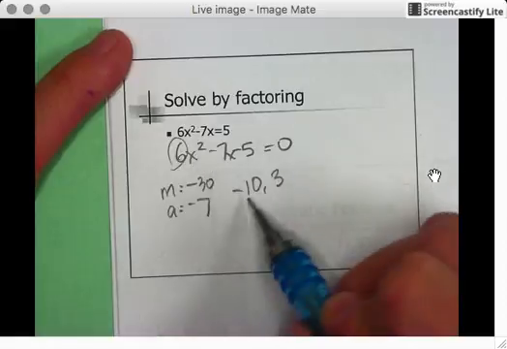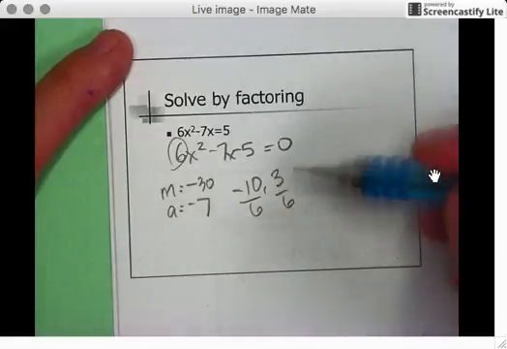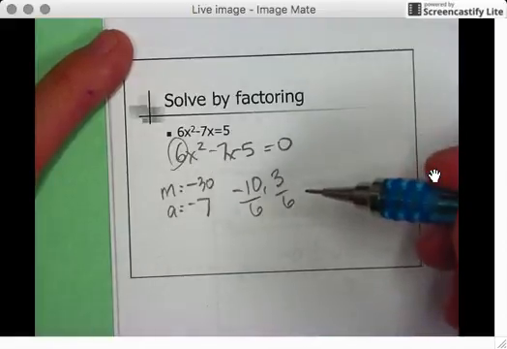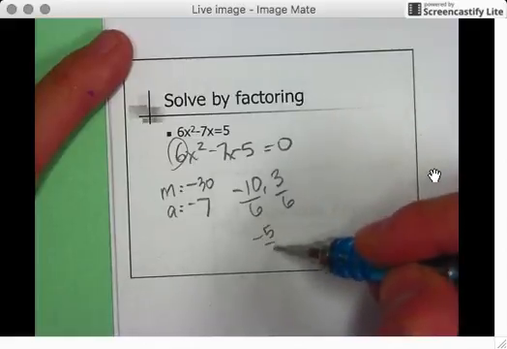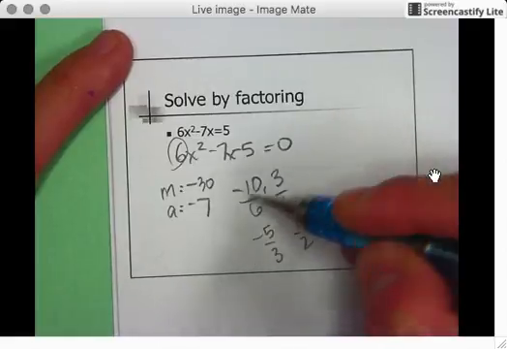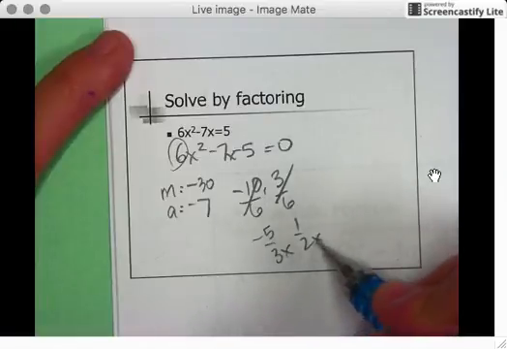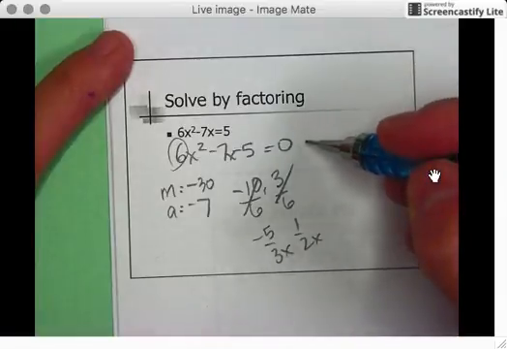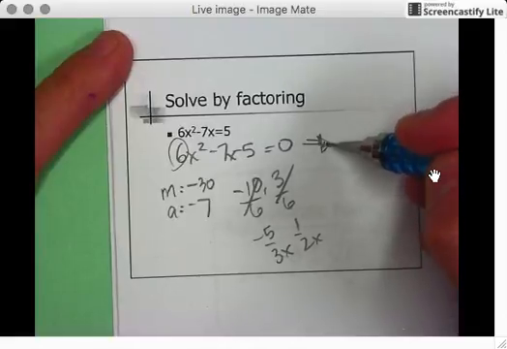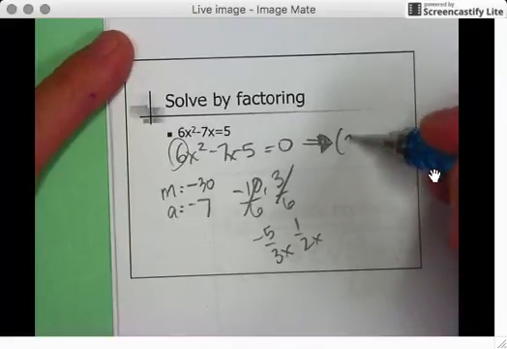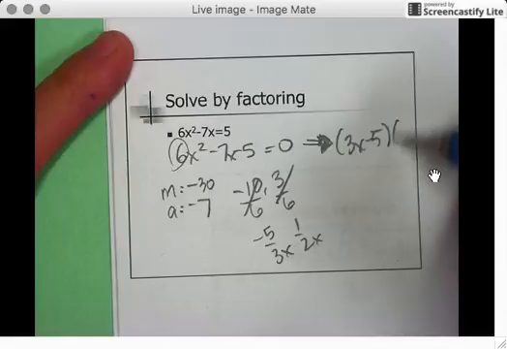Then I divide by that leading coefficient. And if those fractions reduce, I reduce them. And then I add in my letters and I read them from bottom to top. So in factored form, this equation now looks like this: 3x minus 5 times 2x plus 1 equals 0.